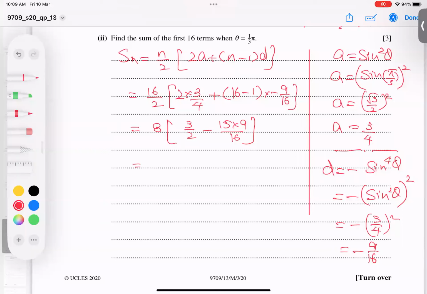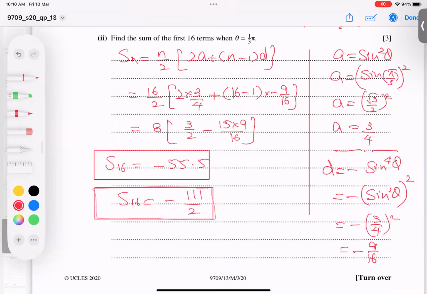So 8 bracket 3 divided by 2 minus 15 times 9 divided by 16. And the answer is coming in decimal negative 55.5, the sum of 16 terms. Or if you want to write in fraction form, it becomes minus 111 over 2. So no problem at all. You can give any one form, and this is our final answer. I hope the point is clear.